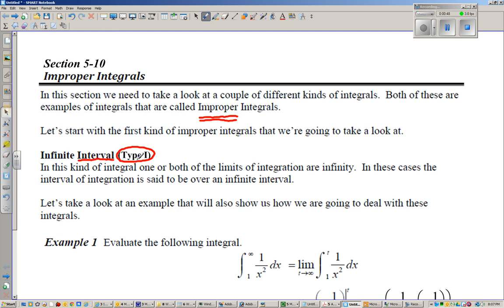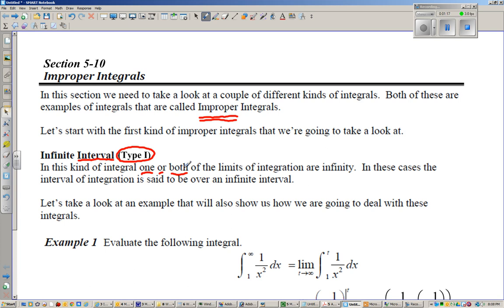And type 1s are easy to spot because either one or both of the limits involves infinity. In these cases, of course, the interval of integration is said to be an infinite interval. So let's take a look at how we're going to handle this kind of thing.